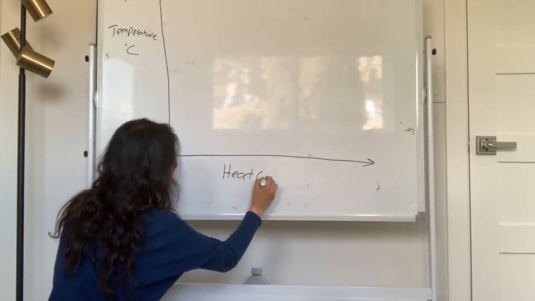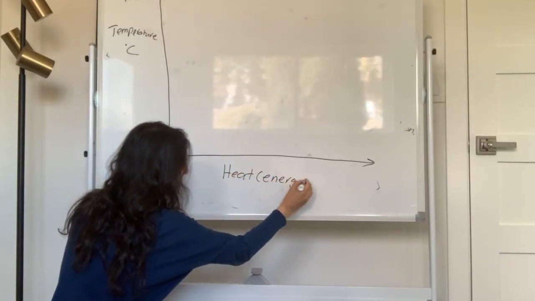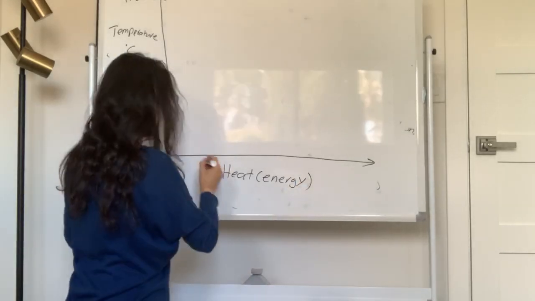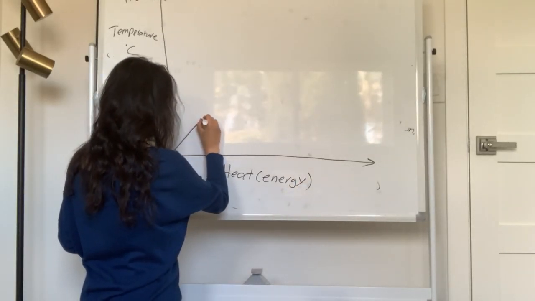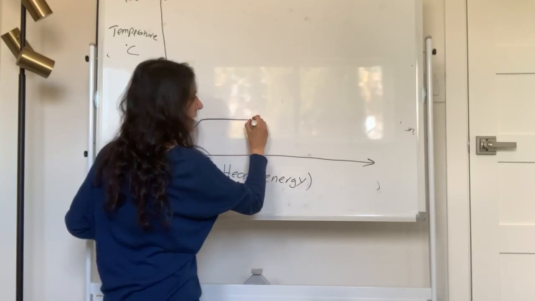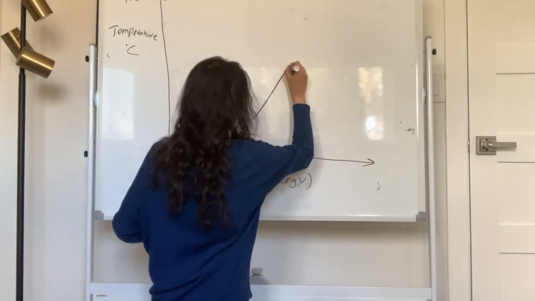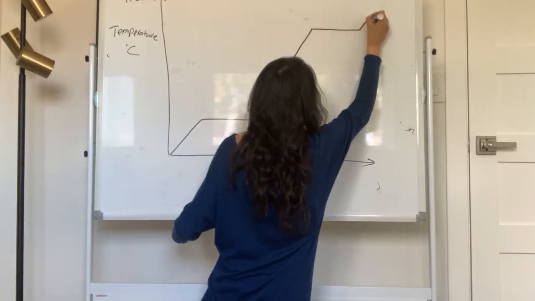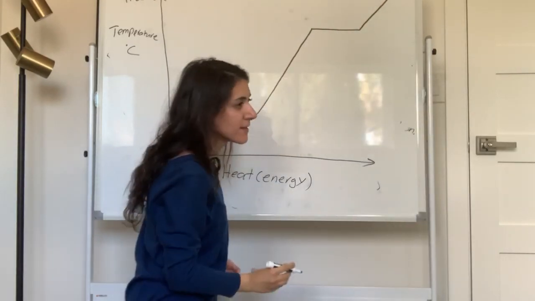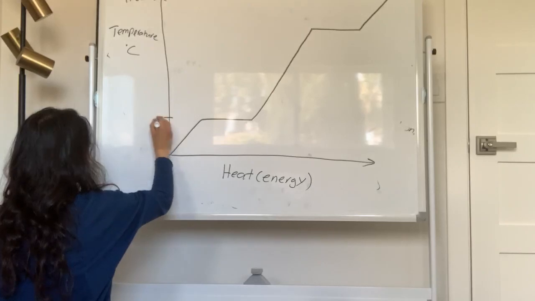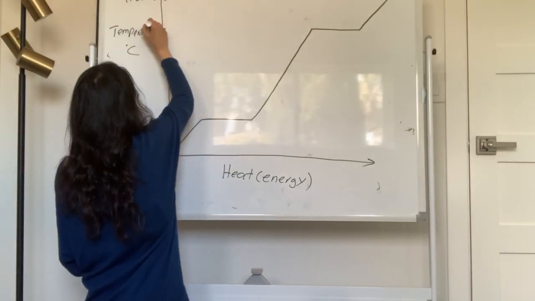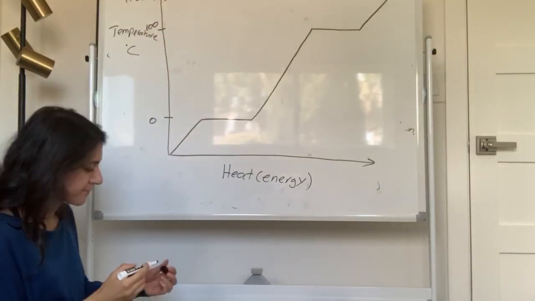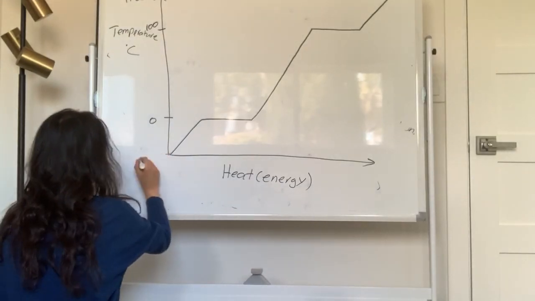And remember, heat is a form of energy. All right, so copy this down. This is 0, this is 100. And let's say this is minus 20.